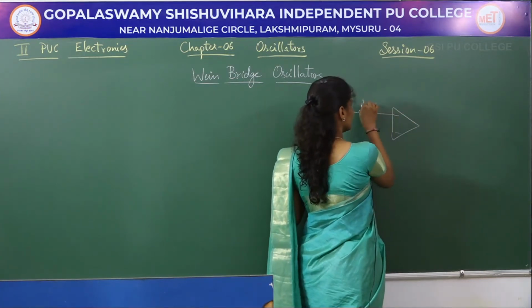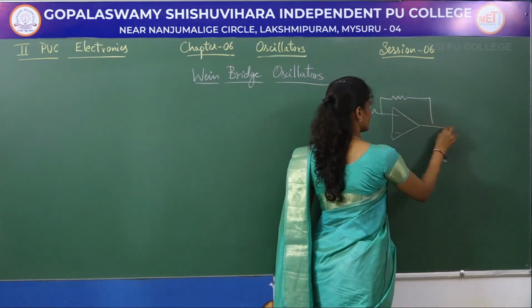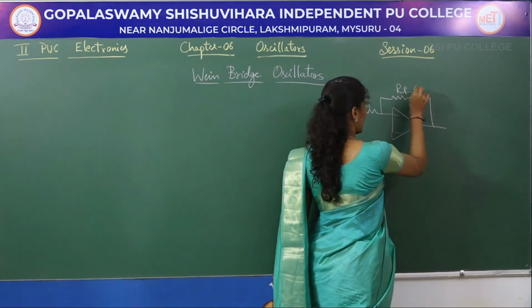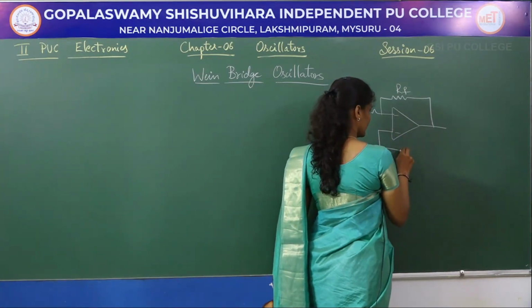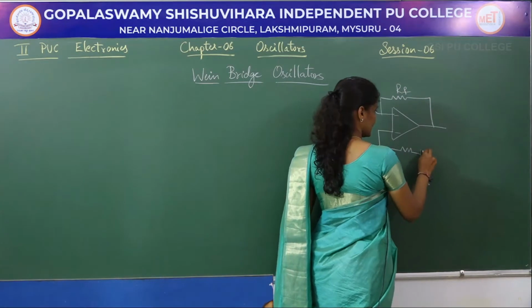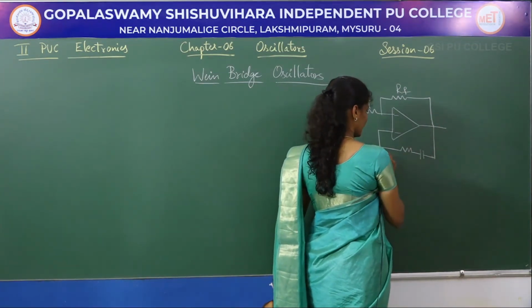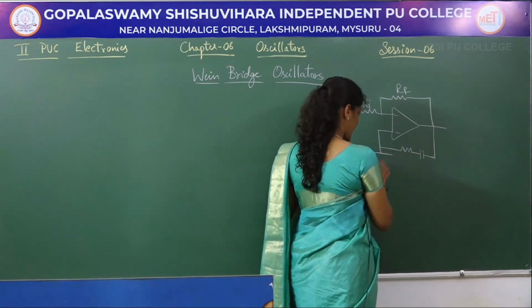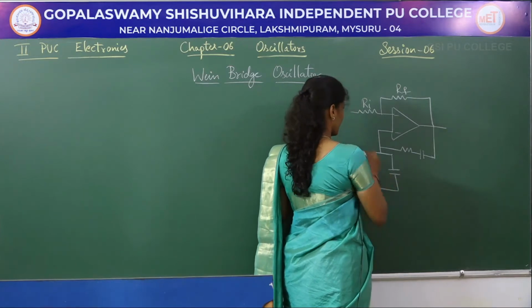This is the resistance Ri, and here we will be having a feedback resistor which is named Rf, and here we will be having a resistor as well as a capacitor which is connected in this manner, and another arm of the bridge contains one resistor as well as one capacitor.